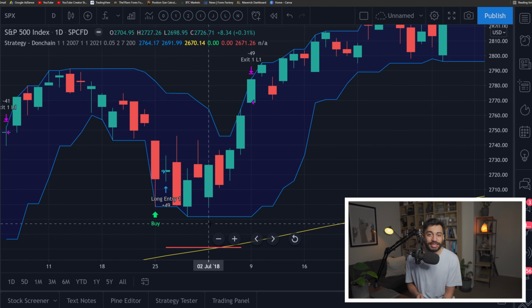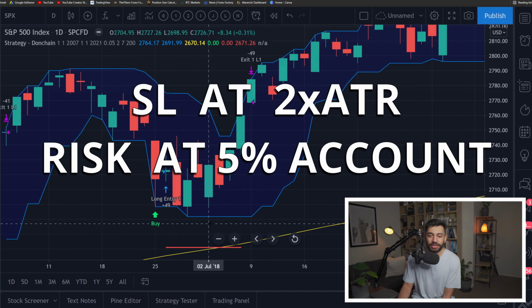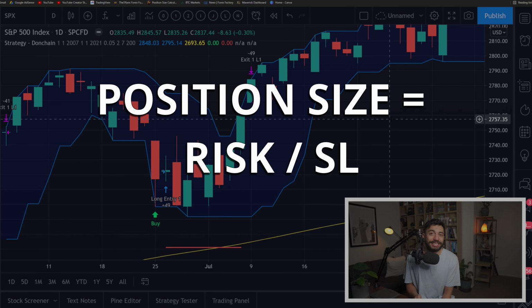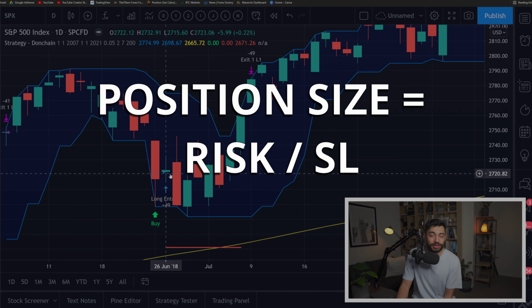He gives a very detailed definition of this. So we're going to be using 2 times the ATR to set our stop loss, and we are going to be risking 5% risk per trade of our account every time we put on a trade, and that's the exact same parameters that Critical Trading was using when utilizing it for futures trading. So we're going to be using 2 times the ATR at 5% risk of our account.